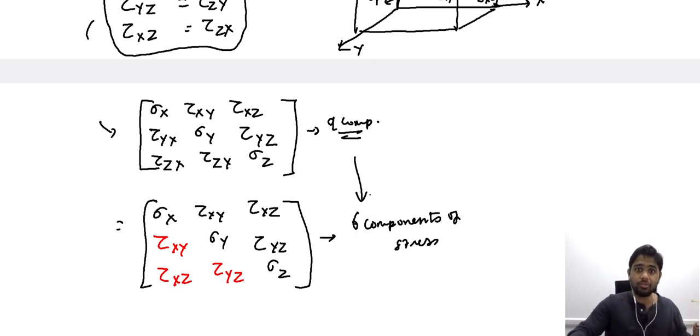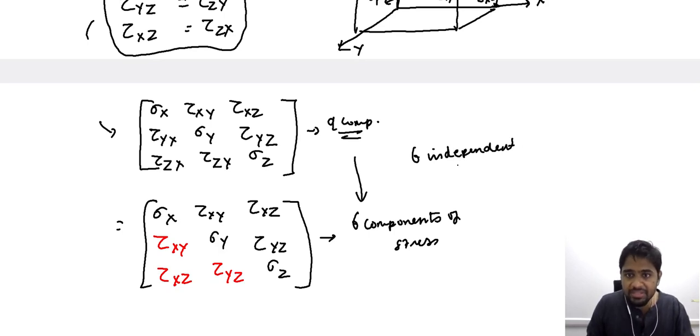So instead of having to describe 9 different components of stresses, now we have to describe just 6 different components of stresses. So what this essentially means is, even though in order to complete this matrix, in order to give a comprehensive description of the triaxial loading condition, we need 9 entities when we include the duplicates as well, when you look closely, all that we need is 6 independent components.